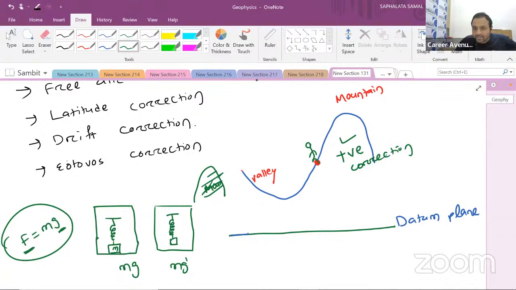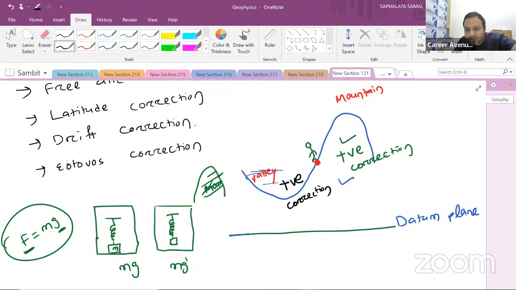On the other hand, due to the valley, if I would fill this valley over here with the same material as over here, it would attract the gravimeter more towards the downside. Because it is not there, I am getting a lower gravity value. Again, I have to add a positive correction.